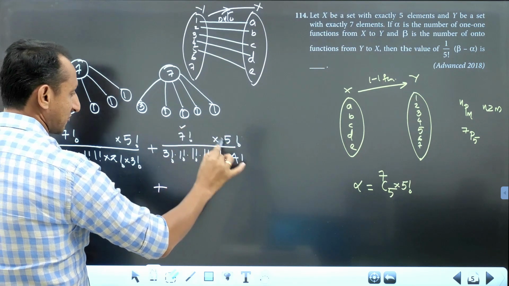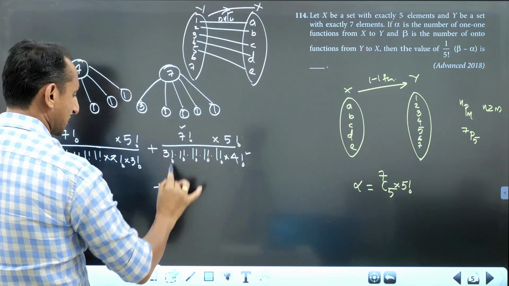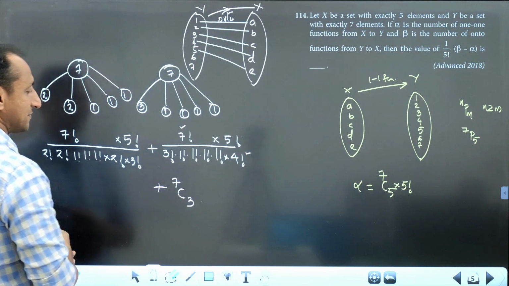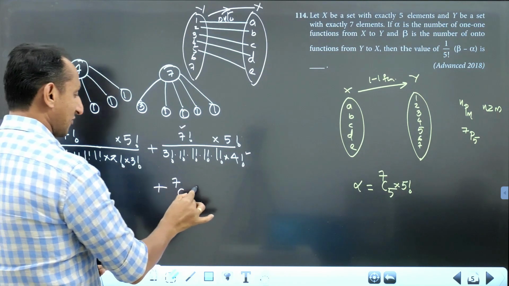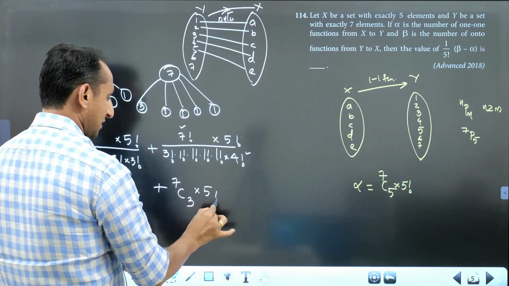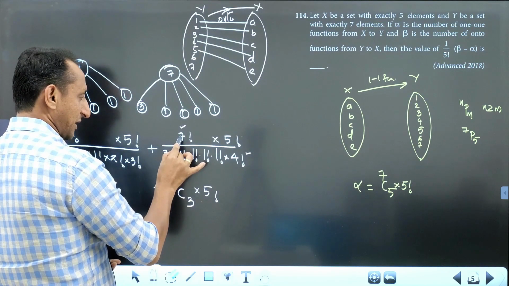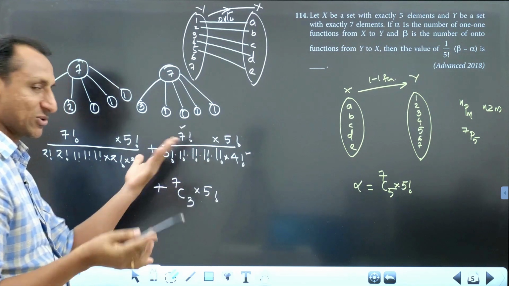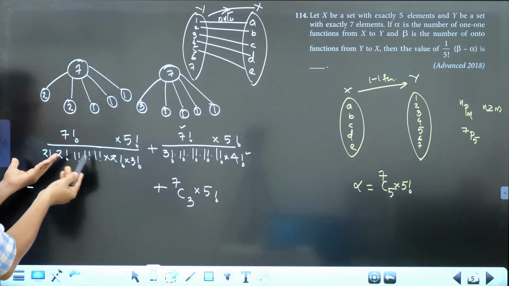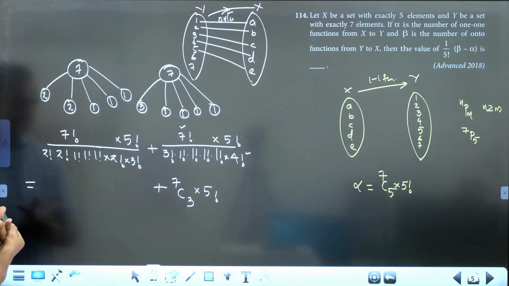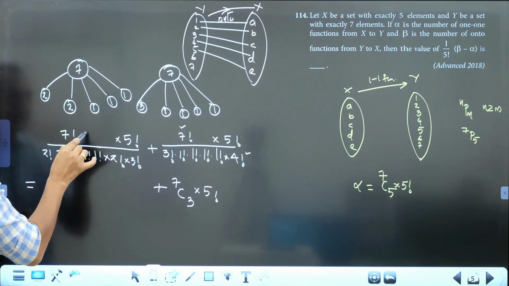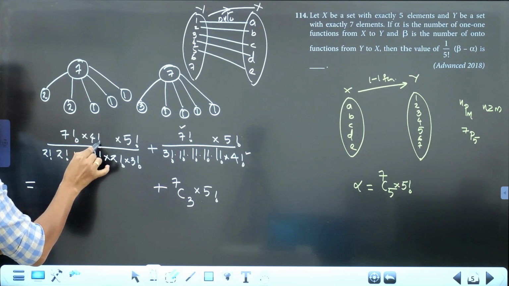Here there is a 7 factorial, a 4 factorial, a 3 factorial. This can be written as 7C3 into 5 factorial. Clear? nCr is n factorial by r factorial into n minus r factorial. This term is also converted that way. For that purpose, I multiply both the numerator and the denominator by 4 factorial.